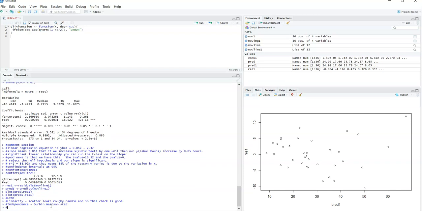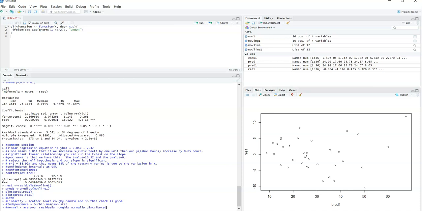Now, we're going to talk about normality, the N. With normality, the question is: are your residuals roughly normally distributed?